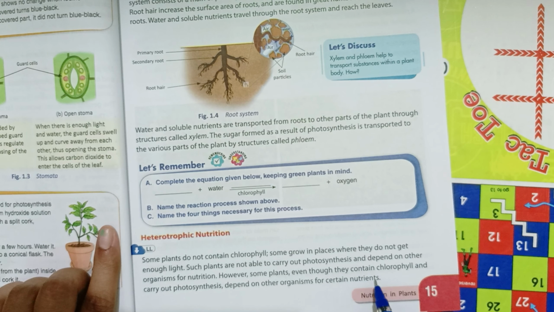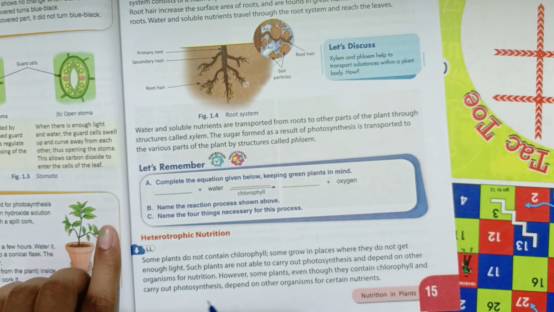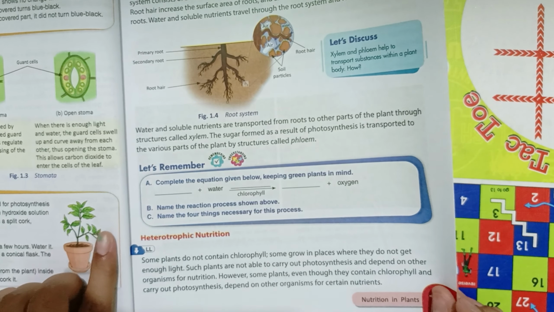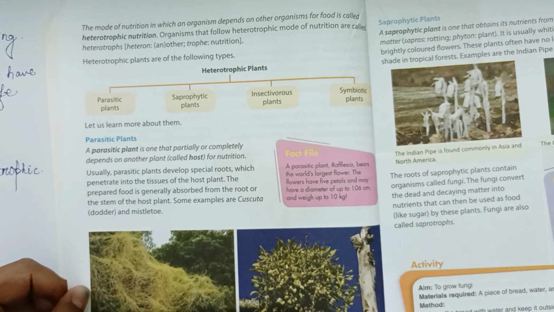They require certain nutrients which are not possible to get by the process of photosynthesis. So they obtain them by different methods, which we are going to learn. Such plants which depend on others to get nutrition have what is called heterotrophic nutrition. Okay, so let us learn in detail about it.